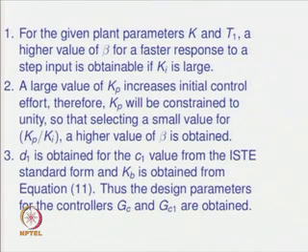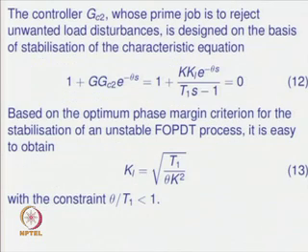Whereas for designing the remaining controller GC2, we have to resort to some other technique. The controller GC2, whose job is to reject load disturbances, is designed on the basis of stabilization of the characteristic equation 1 plus G GC2 e to the power minus theta s.